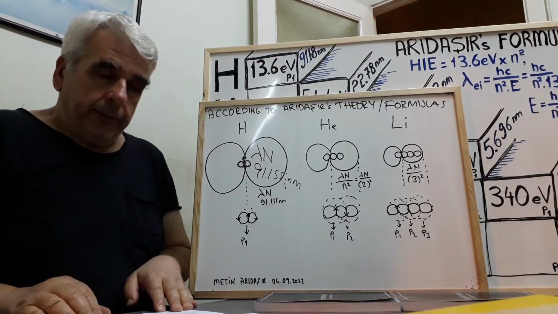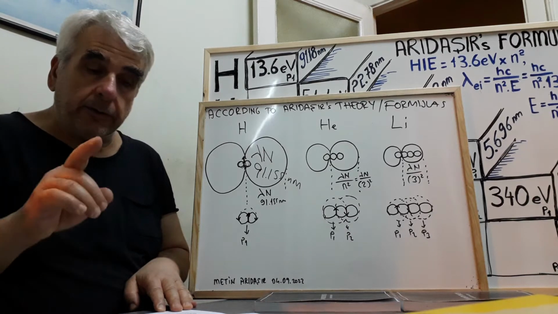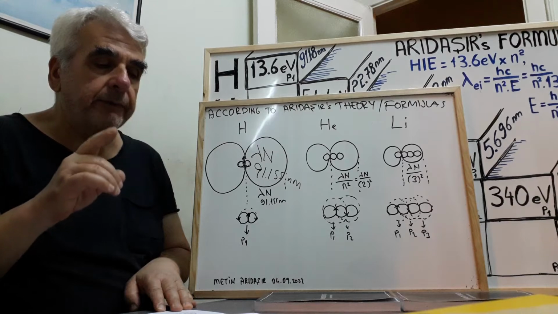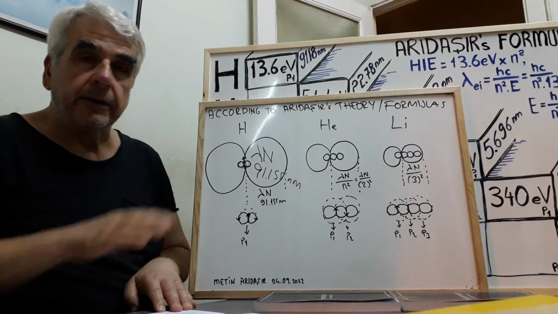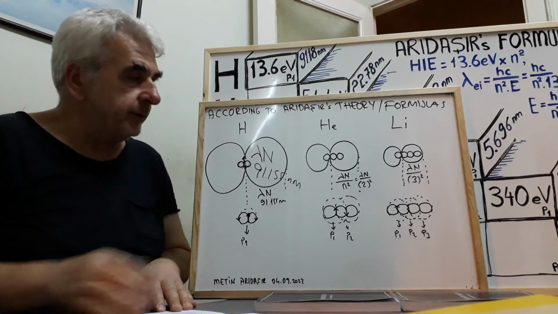This 91.155 nanometer wavelength radius size electron motion forms wavelength doesn't change. Then here it is hydrogen.